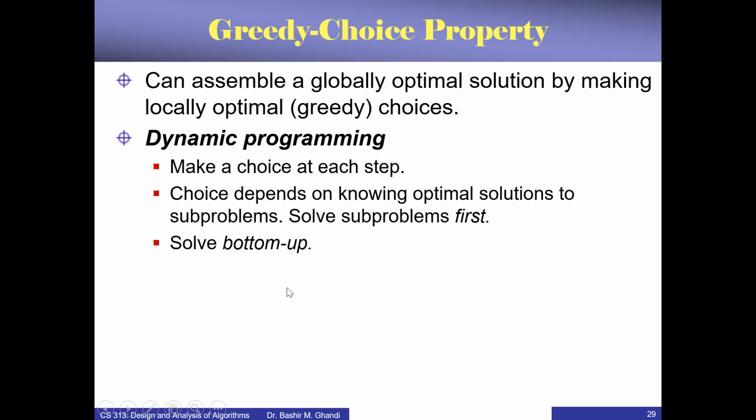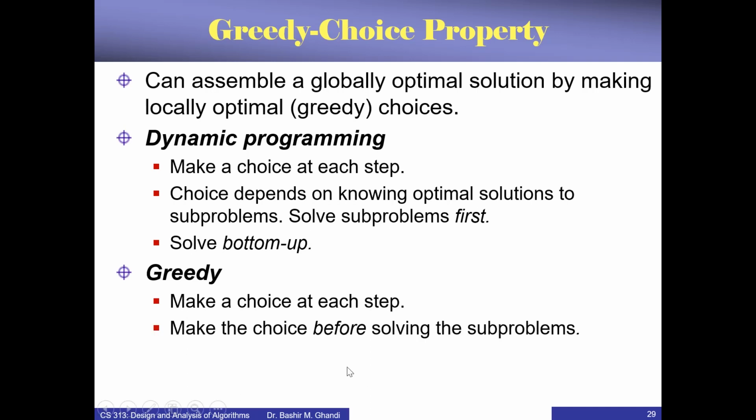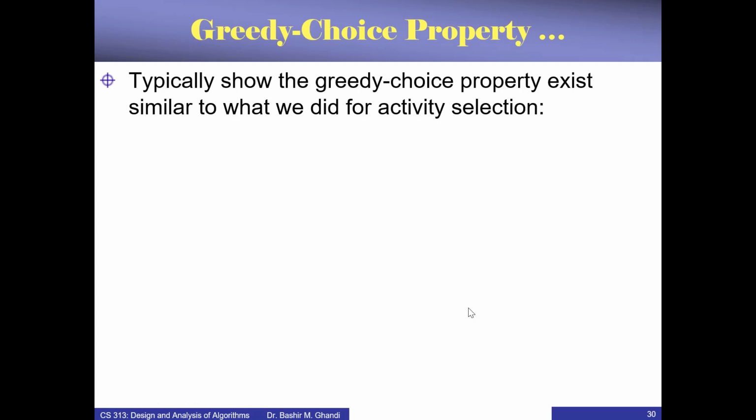Okay, and you're going to solve them in the bottom-up approach. In greedy, on the other hand, we just make a greedy choice and make the choice before solving the subproblem. Okay, so the reverse here, we have to solve the subproblem before we can make the choice. No, here we just make the choice without solving the subproblems, and then we solve the subproblem top down, not bottom up, like dynamic programming. This is basically the comparison between the two design techniques.